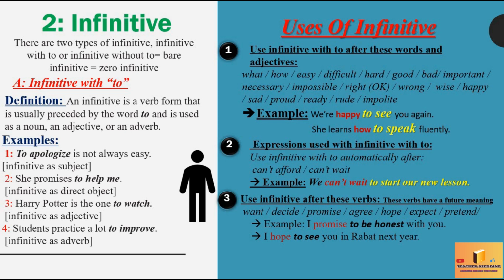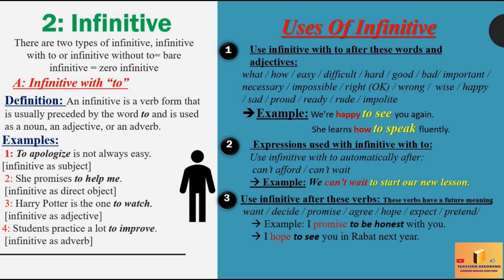Number 2. Expressions used with infinitive with to. Use infinitive with to automatically after can't afford, can't wait. Example: we can't wait to start our new lesson. Number 3. Use infinitive after these verbs.